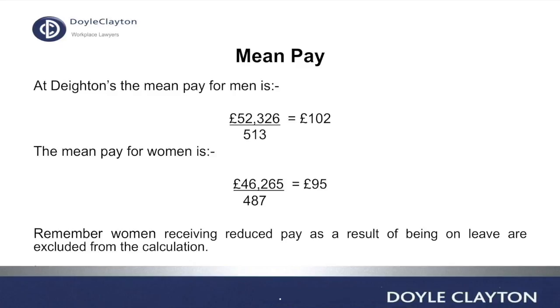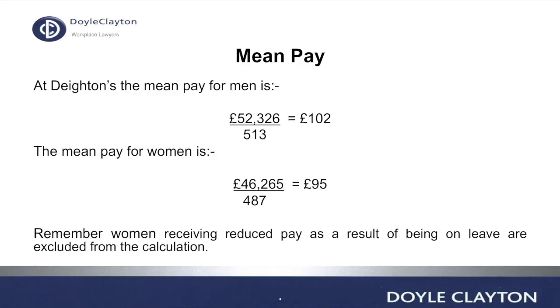If you add the gross hourly pay for all the men, you reach a total of £52,326. So the mean gross hourly pay for men at Dayton's is £52,326 divided by 513 male employees. This gives the mean gross hourly pay for men as £102.